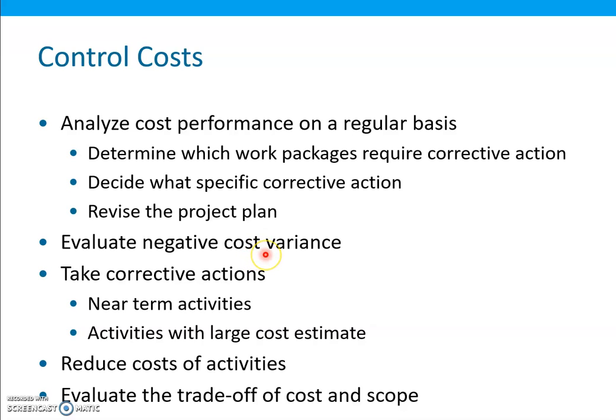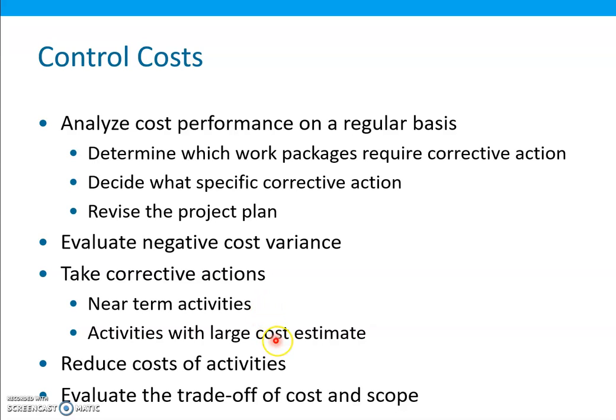When evaluating work packages that have a negative cost variance, focus on taking corrective actions to reduce the costs of two types of activities. First, activities that will be performed in the near term. If you put off corrective actions until some point in the distant future, the negative cost variance may deteriorate.